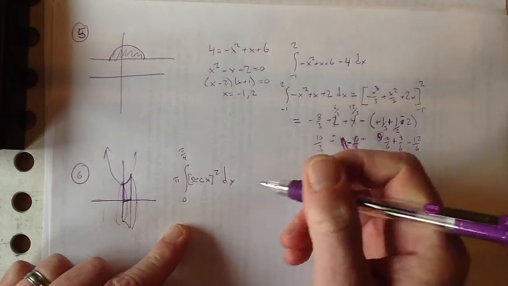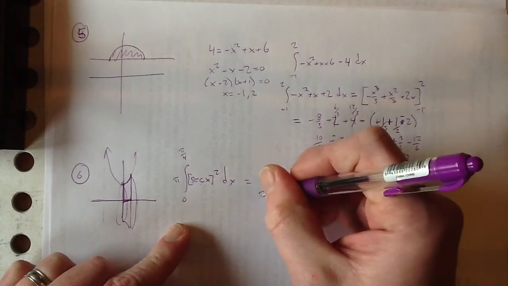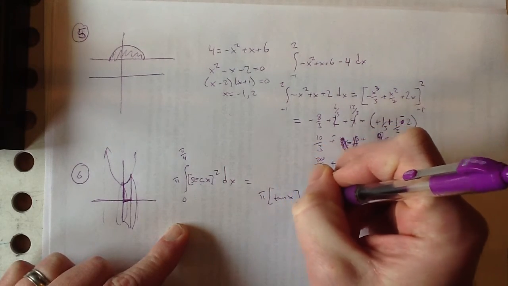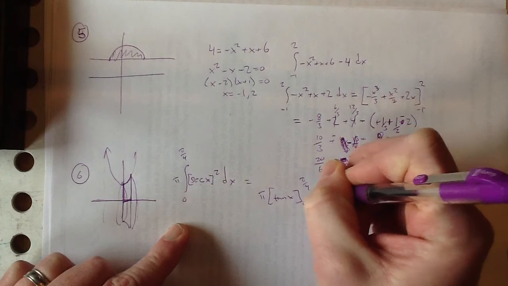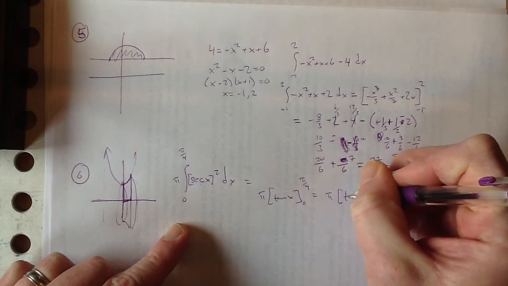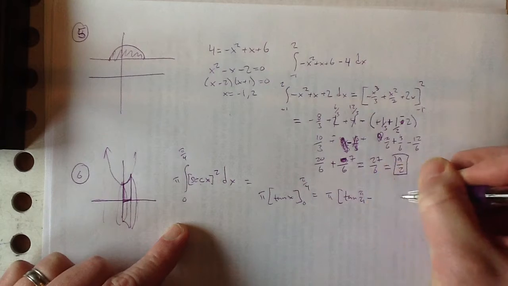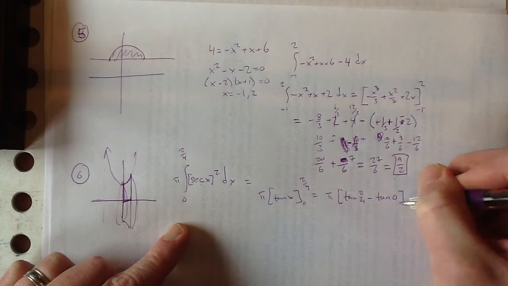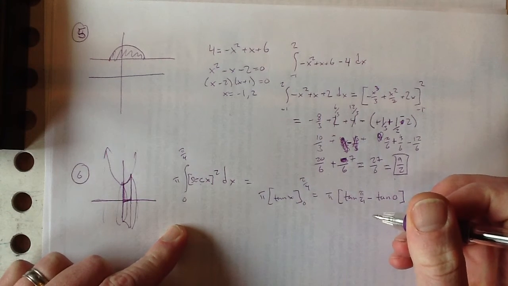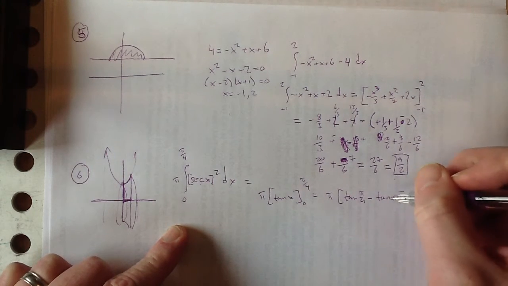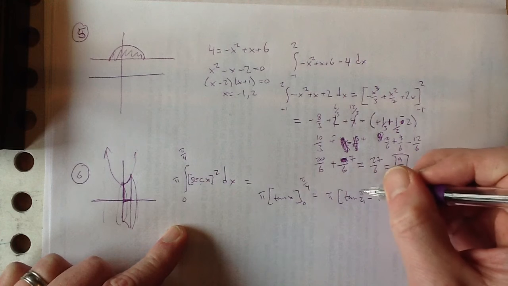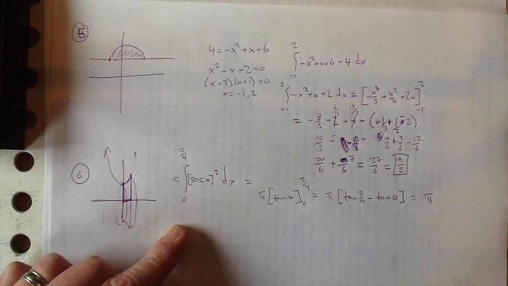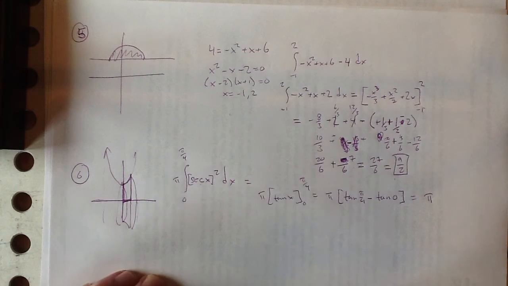The antiderivative of secant squared is tangent, so that's pi times tangent x from 0 to pi over 4, which is pi times tangent of pi over 4 minus the tangent of 0. And tangent of 0 is 0, so that's pi times tangent of pi over 4, which is 1. So the answer is pi, which is C.